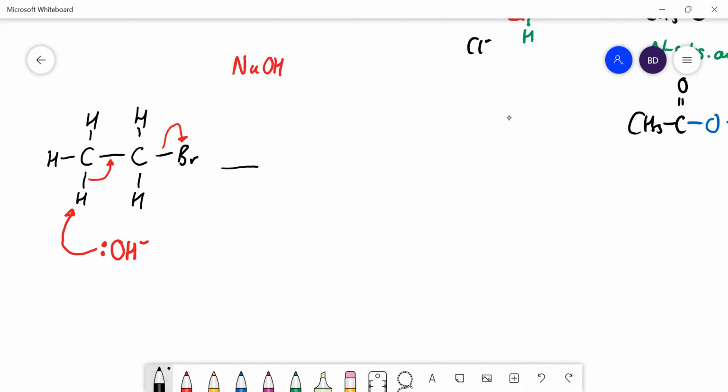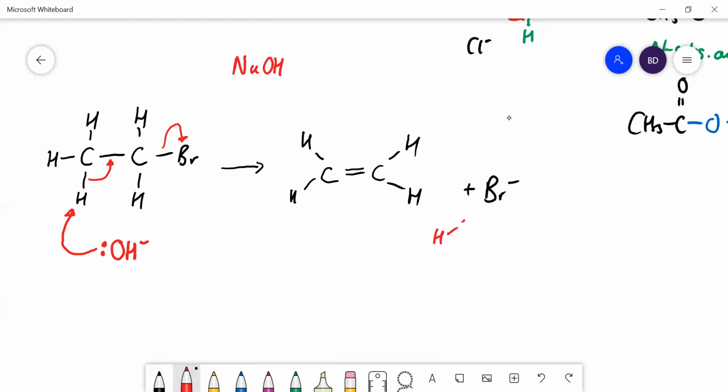So there's 3 curly arrows and 1 step there. It's just 1 step, no intermediate. We're going to get that. Br minus is going to drop off. And we've also formed a water molecule from the OH. Okay, so that was elimination.